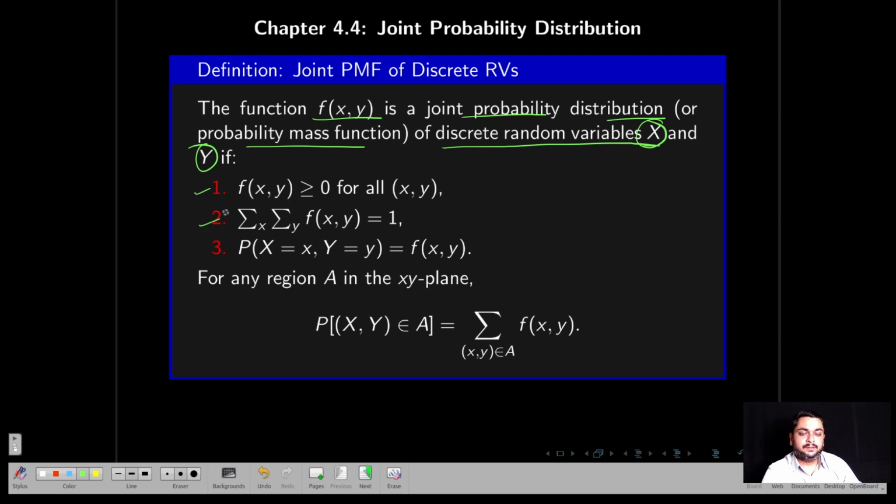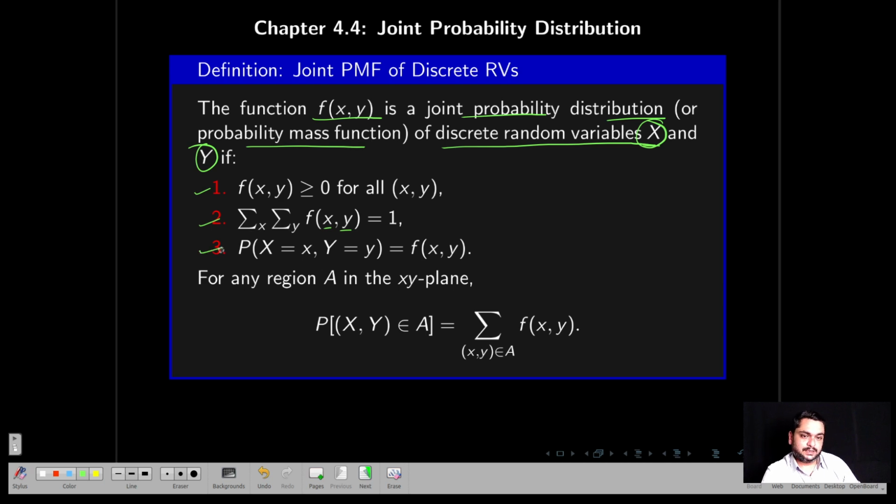Second, there the sum of all the points in your sample space should be equal to 1. That is, the probability of all the sample space points should be equal to 1. Here also the same thing. There are two variables x and y because two random variables are used, so the summation over both should be equal to 1. Don't worry, once you take an example you'll understand clearly what these symbols mean.